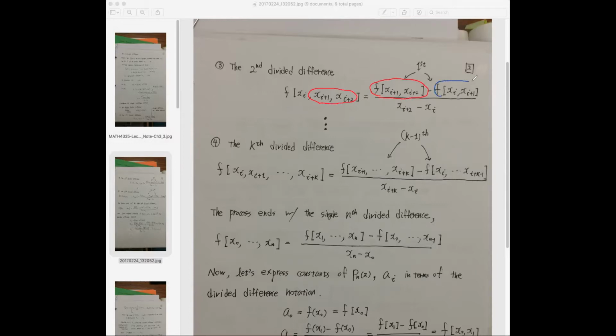f[x_i, x_{i+1}], this is the first divided difference using x_i and, excuse me, x_{i+1}. Okay, so keep doing that.